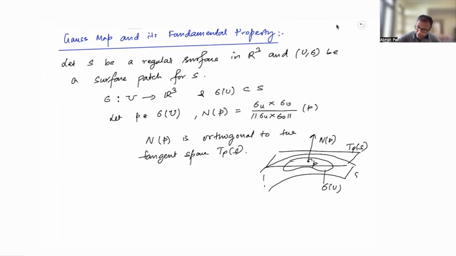Now, if I take this coordinate axis, and now if I take this normal vector N_P, we parallel translate this vector to a vector starting from the origin.